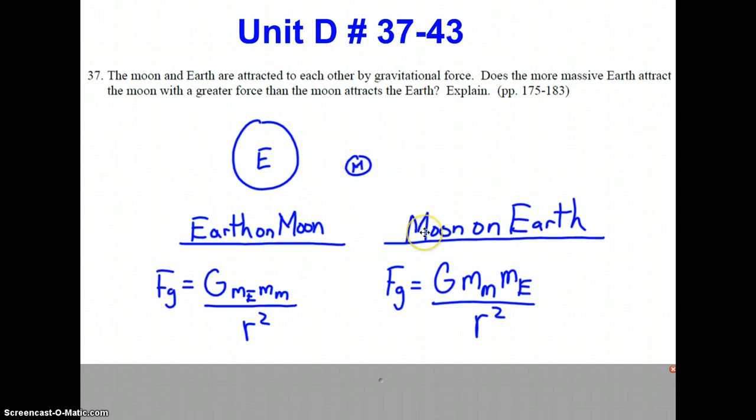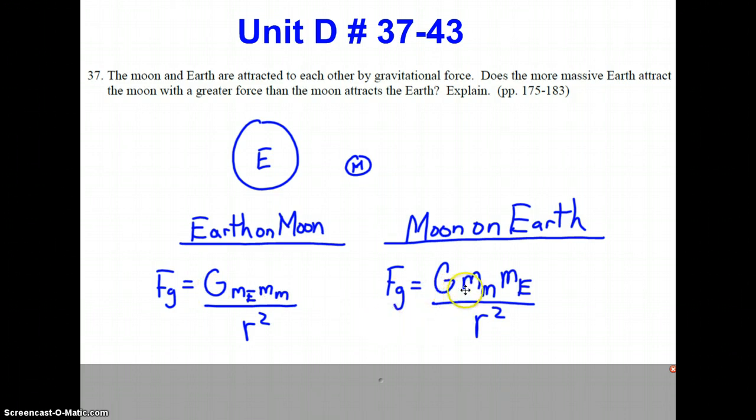Over here, let's redo the calculation, this time for the gravitational attraction of the moon on the earth. It would be Fg equals big G, mass of the moon, times the mass of the earth, over the distance between the center of the moon and the center of the earth squared. You can clearly see by comparison that these two equations are ultimately the same.